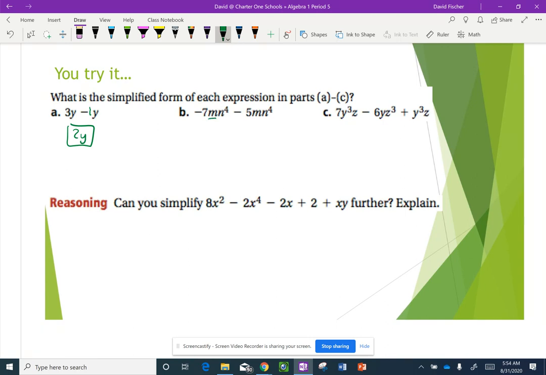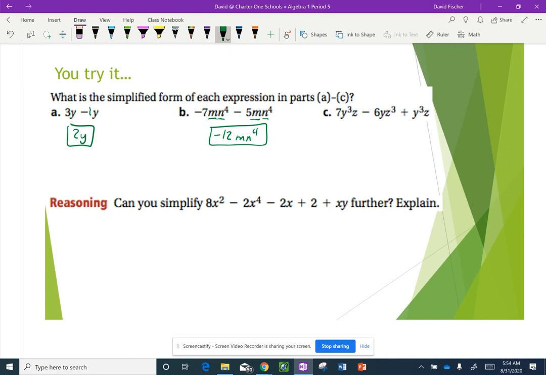I have an m to the first, I have an m to the first, n to the fourth, n to the fourth. So even though these guys have multiple variables, they are the same. They have like variables, m n to the fourth. Here I have a minus 7, here I have a minus 5 for a minus 12 total. We keep the variables as they are.